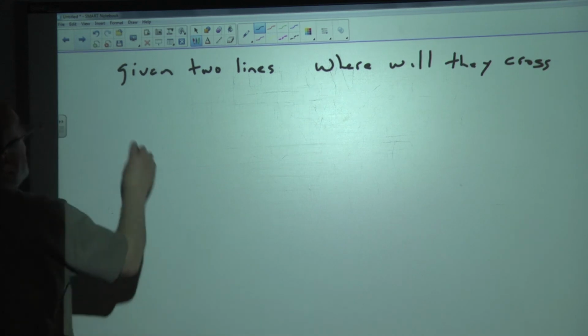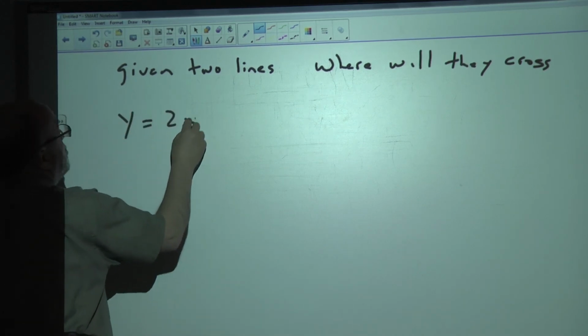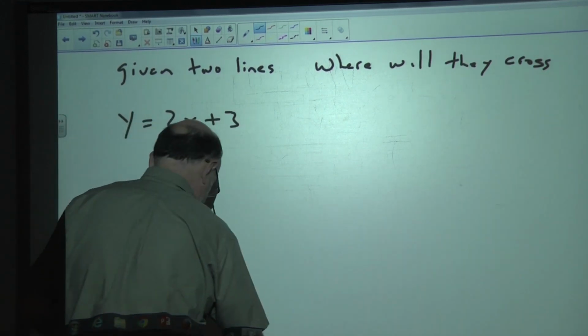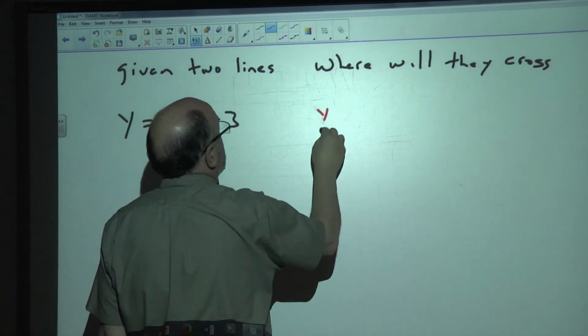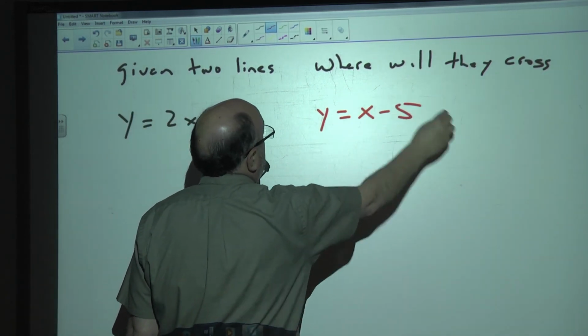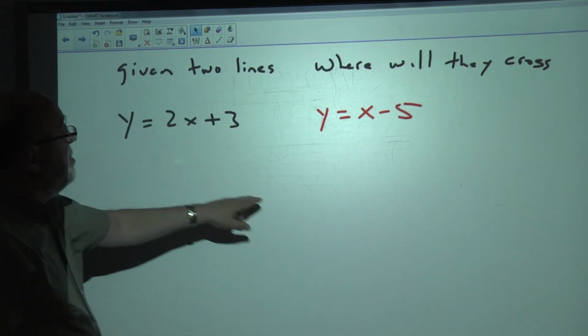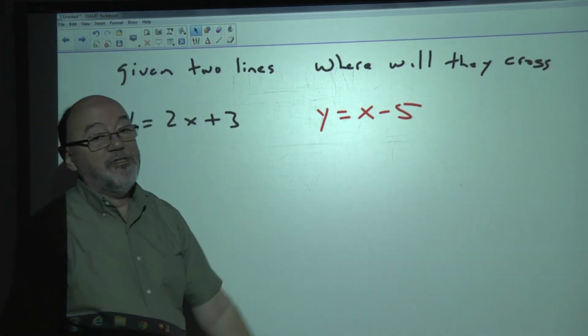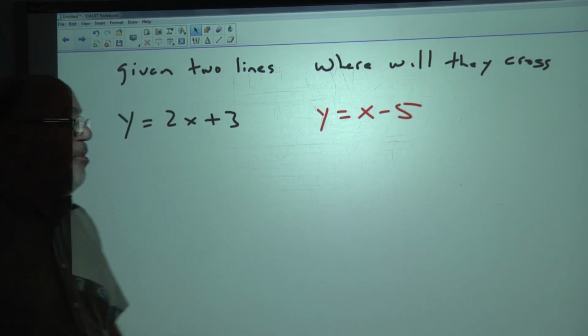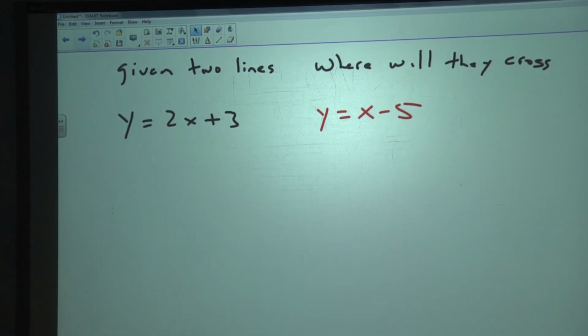So for example, we have y equals 2x plus 3. My other equation is y equals x minus 5. Okay. This has a slope of 2. This has a slope of 1, so they're not parallel. So that means at some point in time they have to cross.